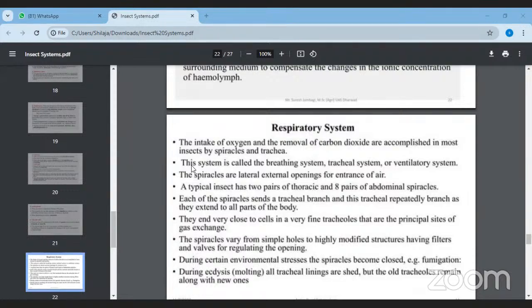For example, in the silkworm life cycle there are 5 instars: the egg molts to form the first instar, then second, third, fourth, fifth.